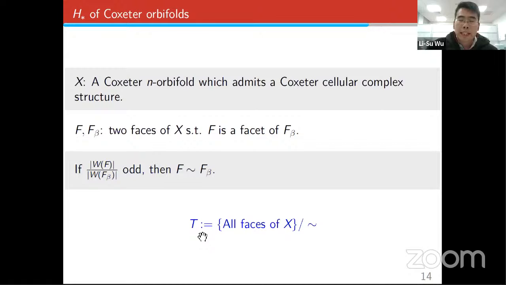So now we set T to be the equivalence set of all faces modulo this equivalence relation.